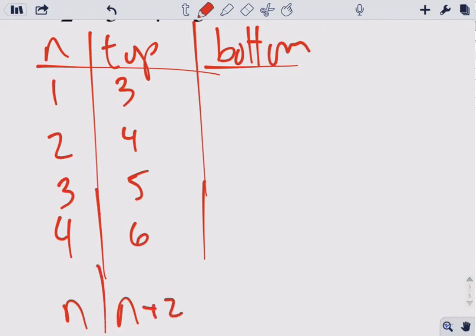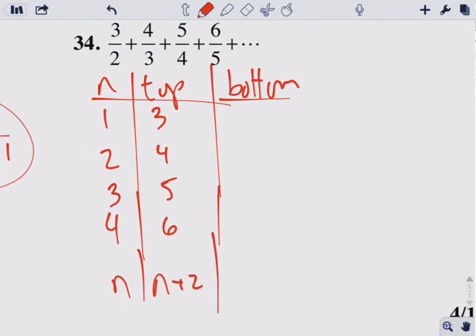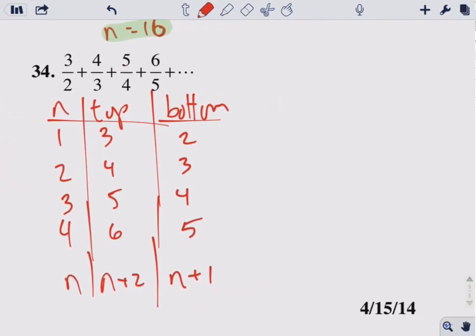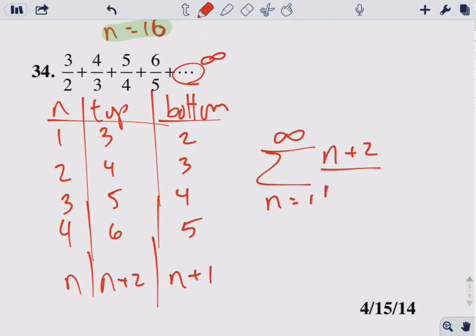The bottom is 2, 3, 4, 5, so that's one more than n. So again, it goes to infinity, n is equal to 1 to infinity. The top is n plus 2, the bottom is n plus 1. And there is our answer.